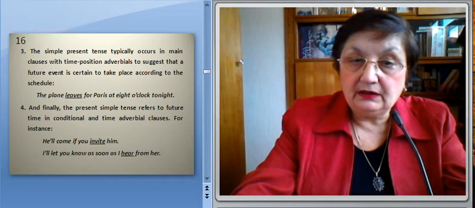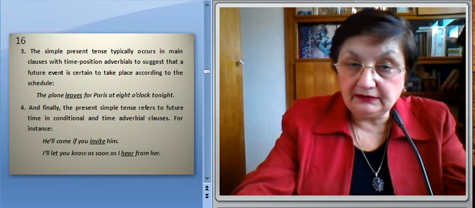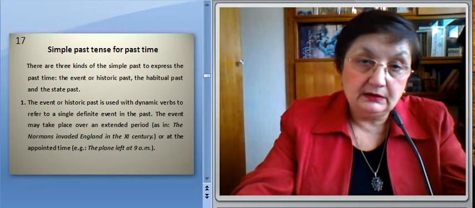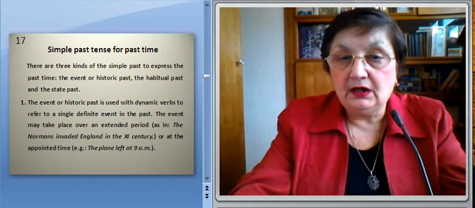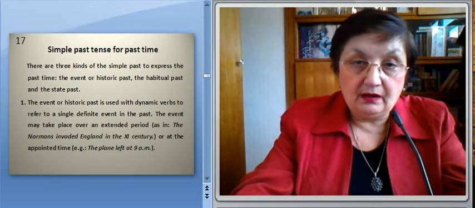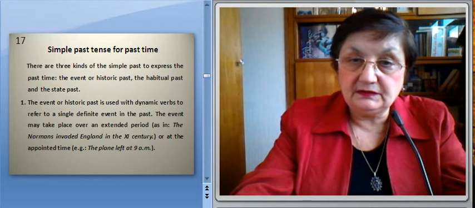Now we'll discuss the cases when the simple past tense expresses past time. There are three kinds of a simple past to express the past tense: the event or historic past, the habitual past, and the state past.